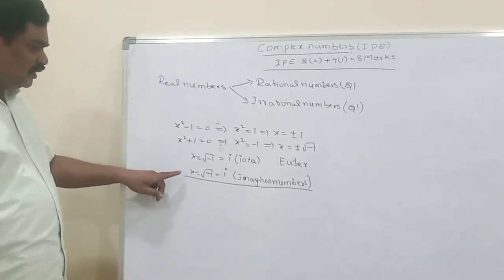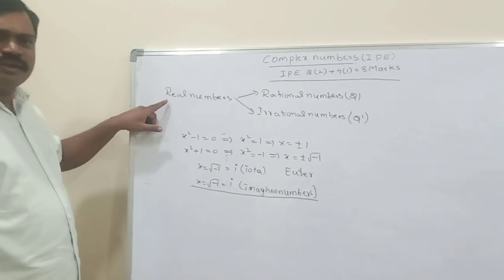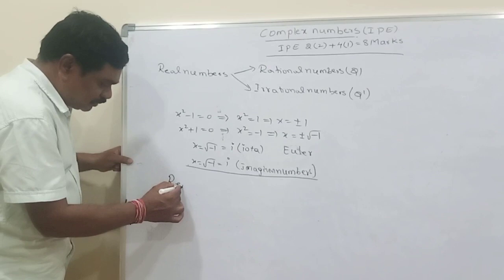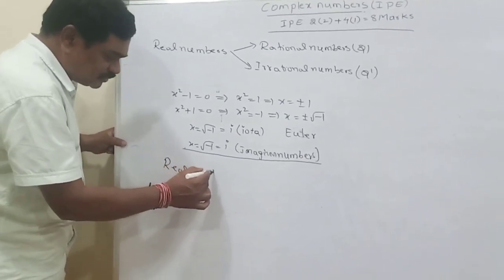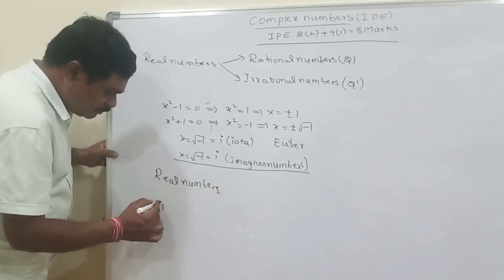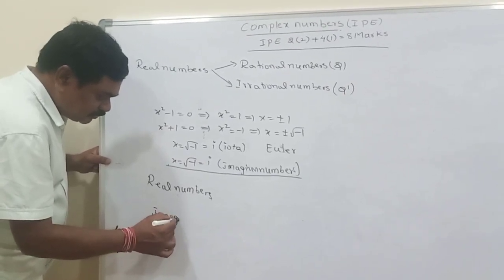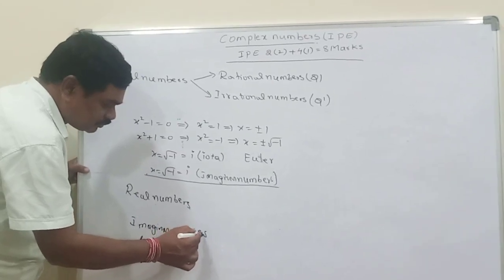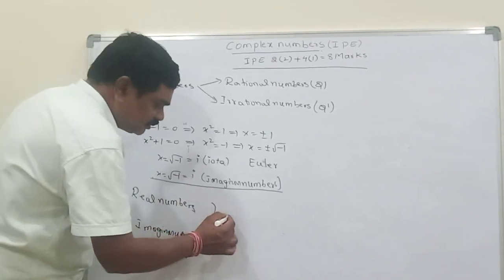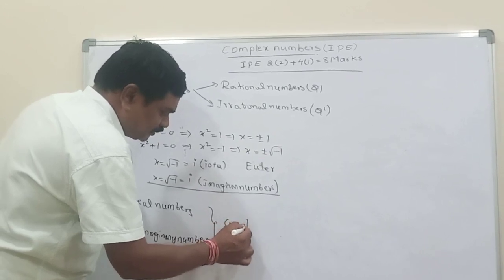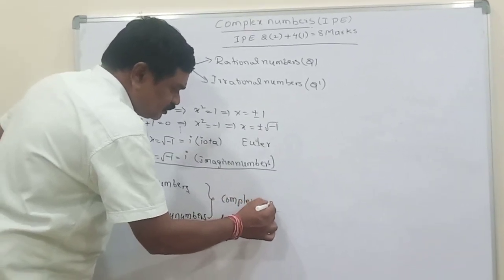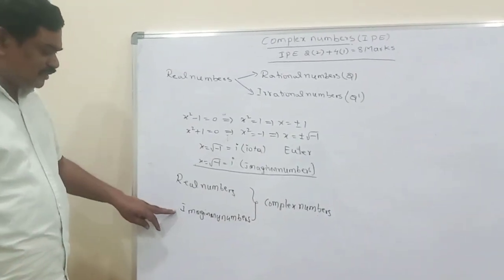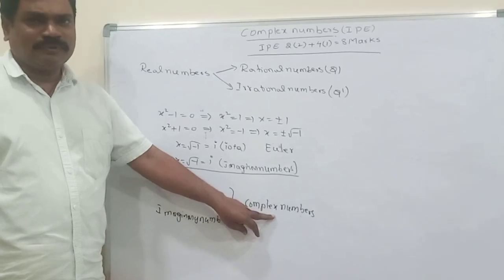So these are the imaginary numbers, and these are the real numbers. These real numbers and imaginary numbers together are called complex numbers.